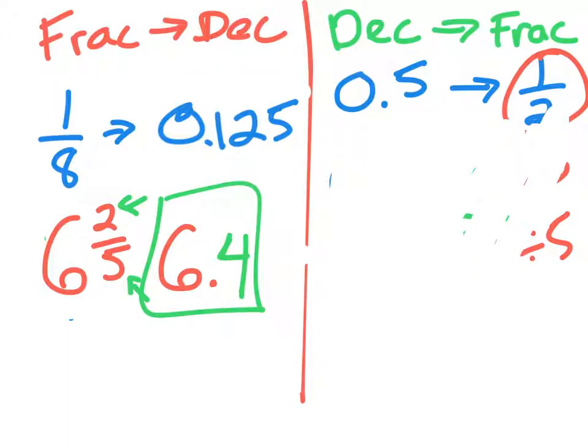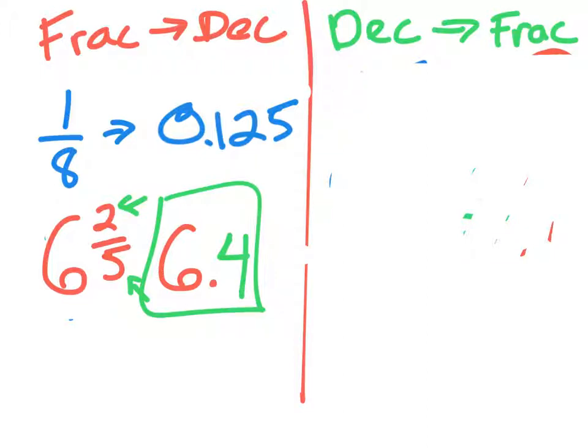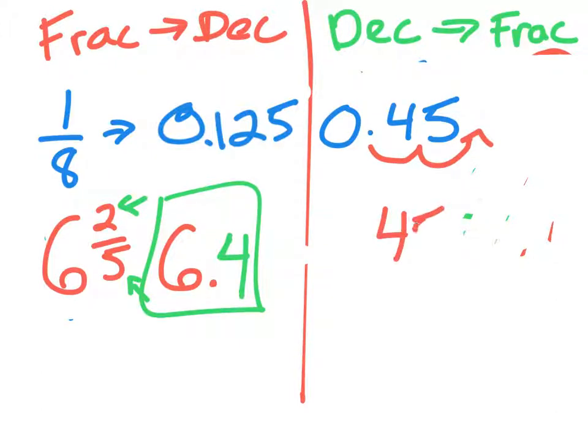So doing another example then, let's start off with one that's 2 movements. Let's say I have the decimal 0.45. This time, I want to take that decimal point and move it as many times as I can to get it to the end. That will produce the whole number 45. So there's my numerator.